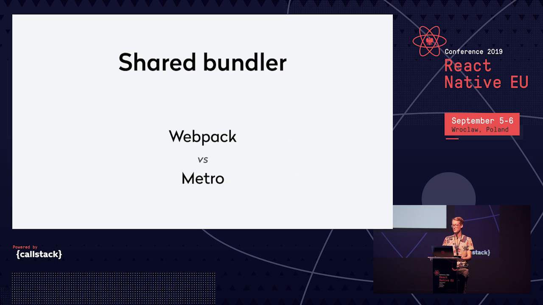Next up, bundling. We use Webpack and Metro, and it's kind of annoying because both are really complex and need a lot of configuration for a big project. We hope that Re.Pack, which is Callstack's Webpack for React Native, is the future. Last time we checked, it had some missing pieces for us, but if not today, then hopefully soon in the future, we'll be able to just have one tool to do this job for both platforms.